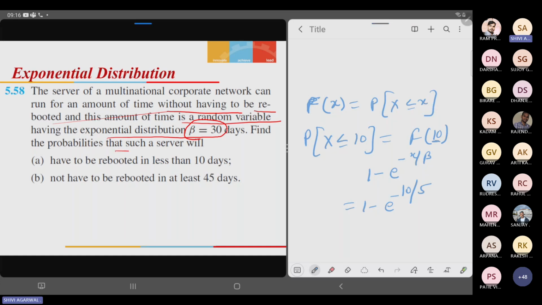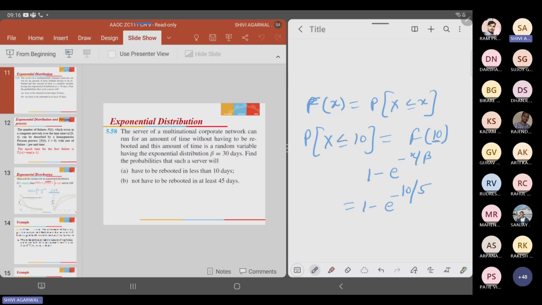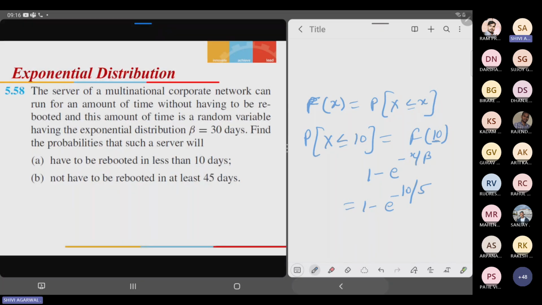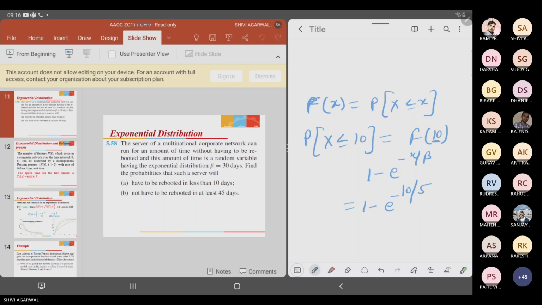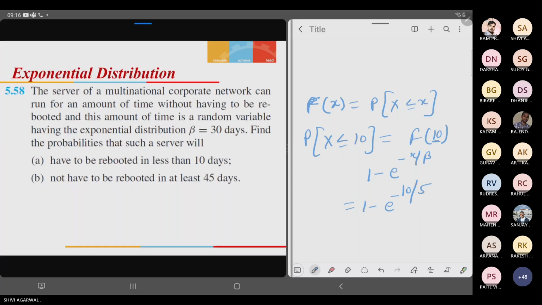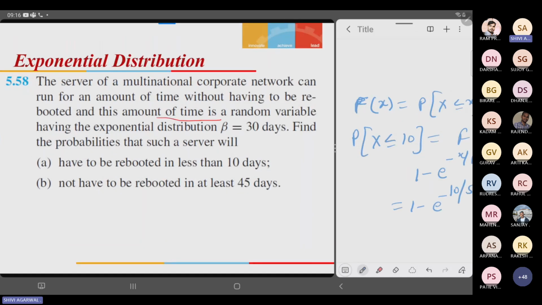So find here, X is the time without, oh sorry. Okay, so X is the amount of time without having to be rebooted. Okay, so it follows the exponential distribution. So X is what?